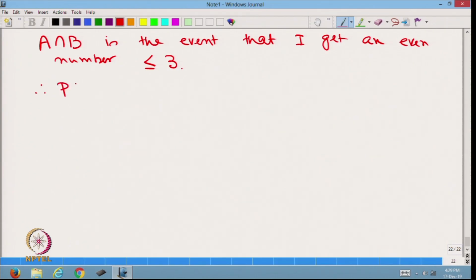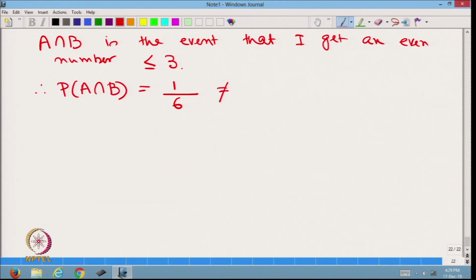That can happen only in one way, that is, if I get 2, divided by possible outcomes, which is equal to 1 by 6.